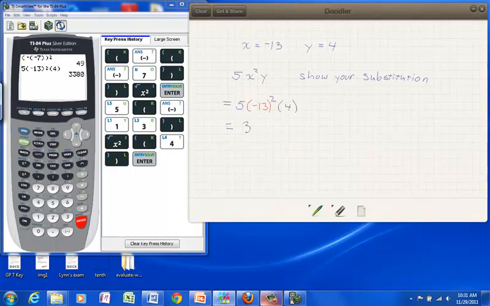And the result is 3,380. This is a good example of where you would not want to try and do the work in your head, and so being able to enter it correctly in the calculator is very important.